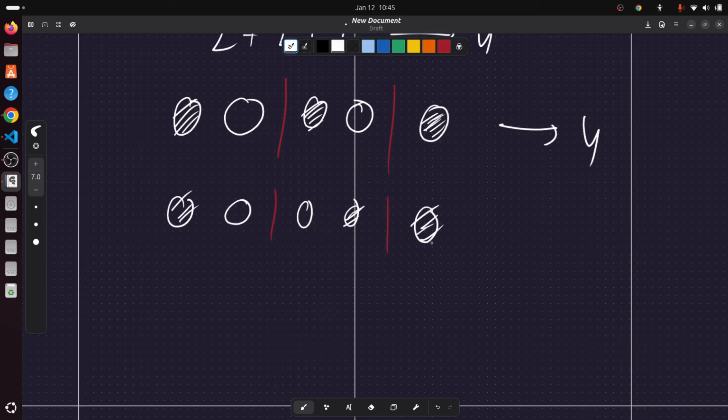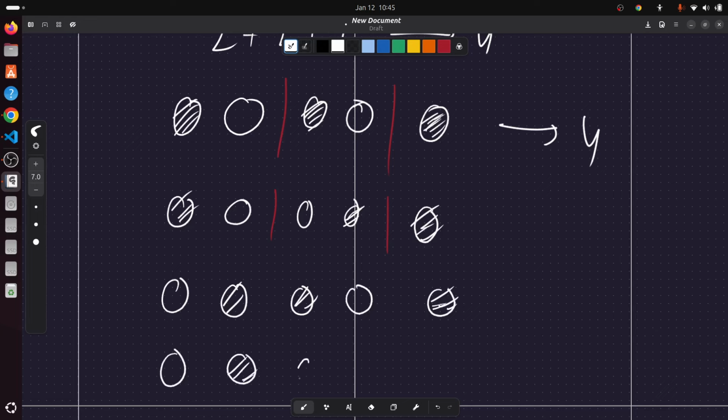This is also one way. I'll just quickly draw all the 4 ways. Okay, so these are the 4 ways to choose one ball from each box.